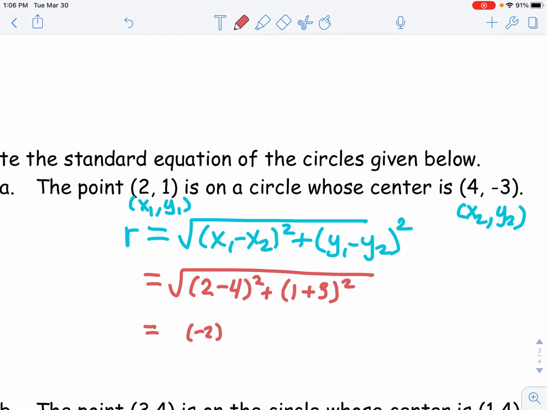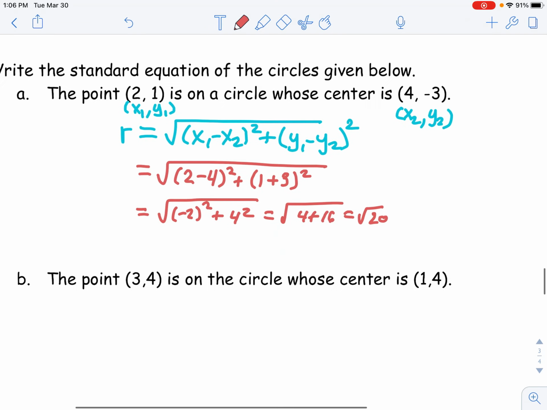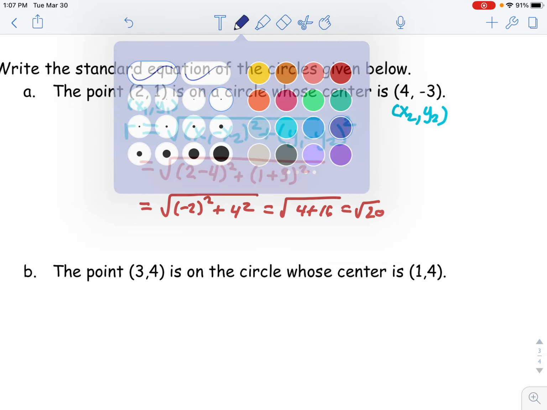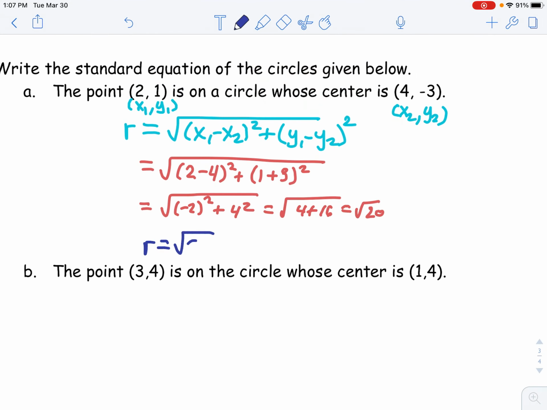It's going to be (-2) squared plus 4 squared, square root of 4 plus 16, square root of 20, and that's what r equals. We're going to keep it like that for now, and you'll see why. All right, so r equals the square root of 20, and the center is (4, -3).